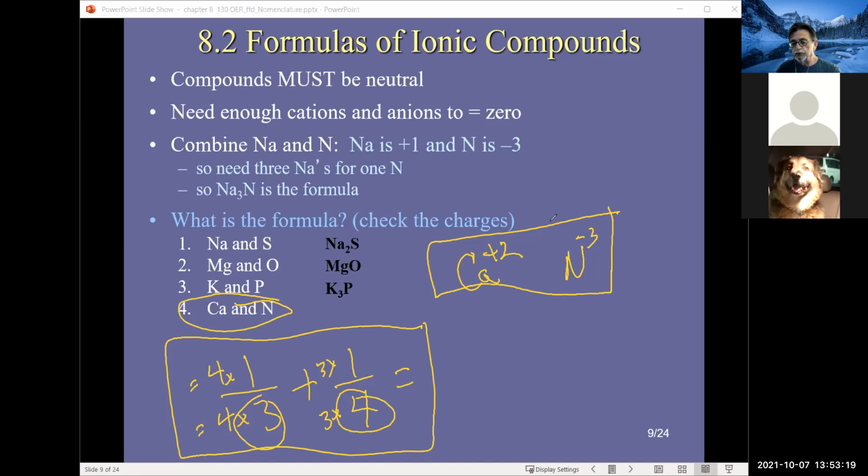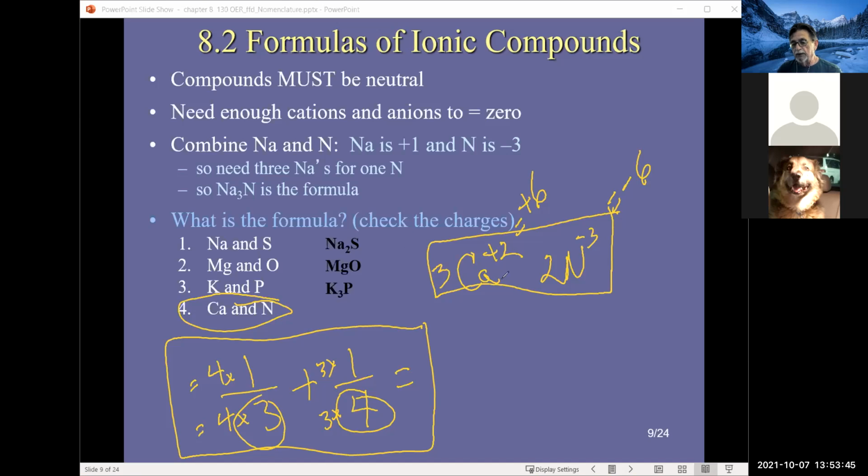So what's the common number between 2 and 3? 6, right? And so I would have to multiply the +2 by 3 and the -3 by 2 to give me a total of +6 for the calcium and a total of -6 for the nitride.